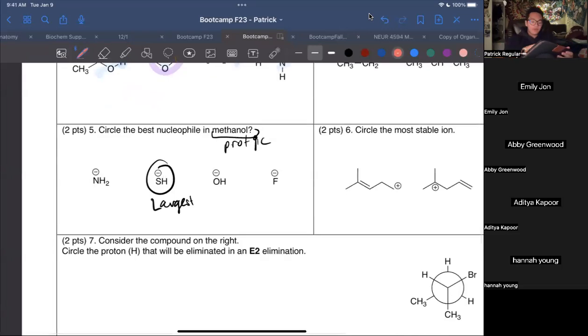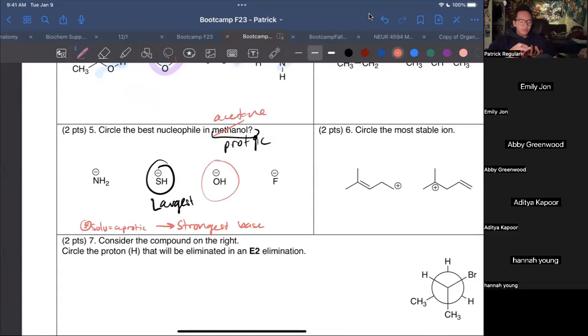If your solvent is aprotic, it would be the strongest base, the base that is the most nucleophilic. So hypothetically, if this was acetone, the best nucleophile would be OH. It's the strongest base. Okay?